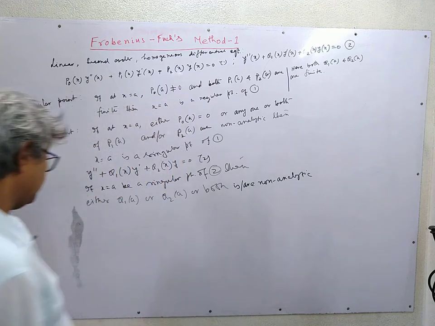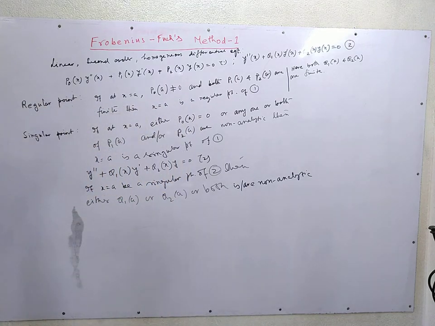This is the definition of singular point. So we have stated singular point in terms of P functions, and this is the definition of singular point in terms of Q function.